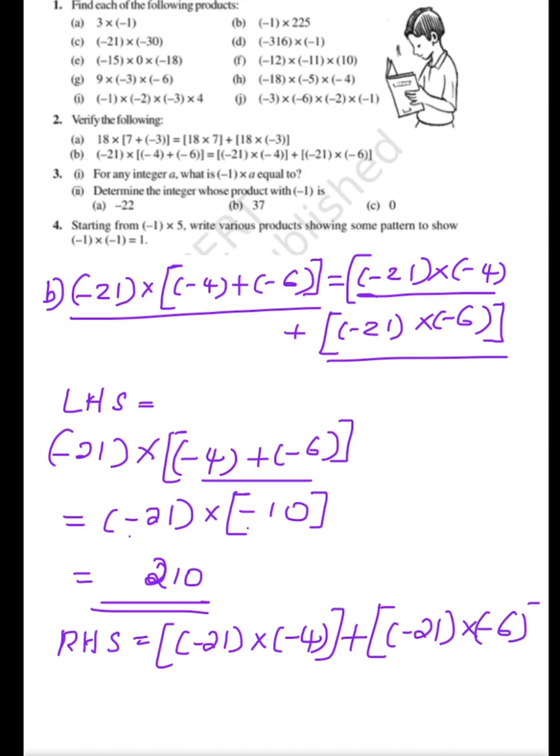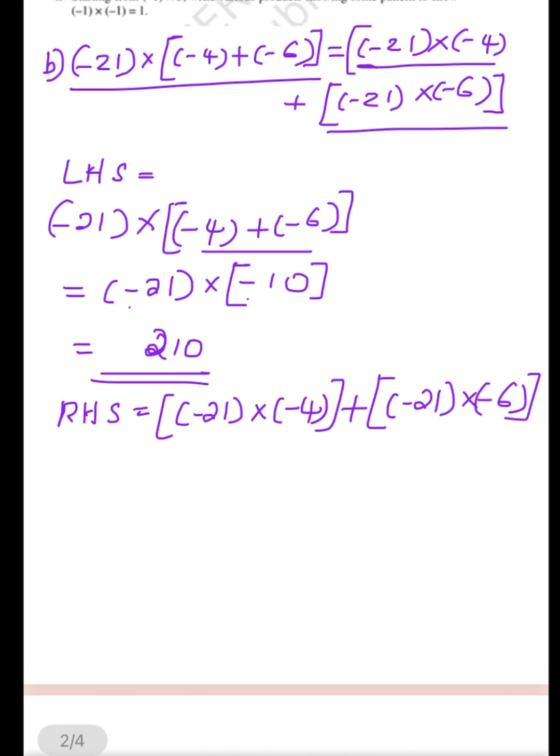Okay, let's do it. So first we have to do what is minus 21 into minus 4. Okay, so what is 21 into 4? It's what? 84. Okay, so minus 21 into minus 4 means what? Minus into minus plus, and 21 into 4, 84. So for this we have got the answer as 84. Plus, now what is here?